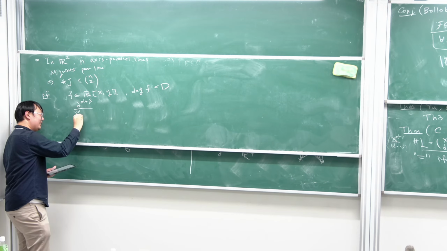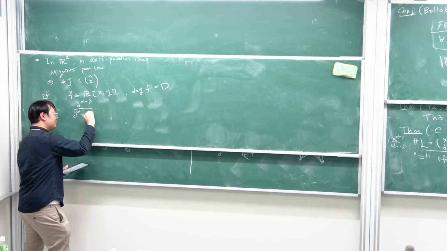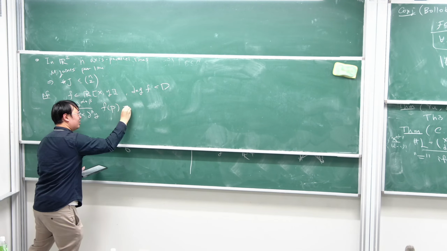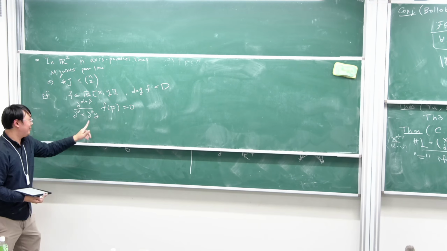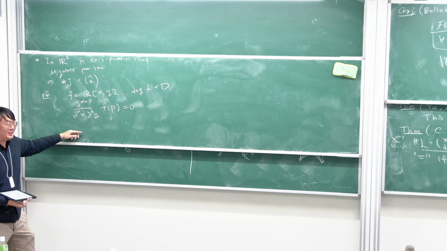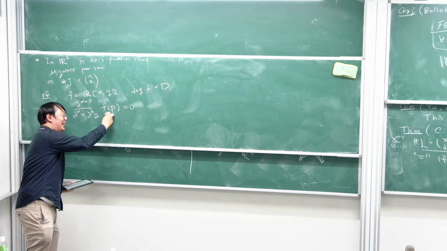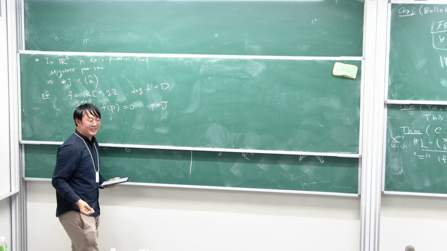I take the derivative of f along the x direction alpha times and along the y direction beta times, and I evaluate that at the point P, where P is inside my set of joints.